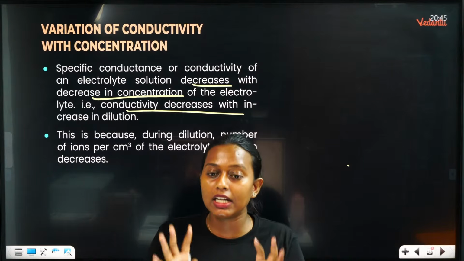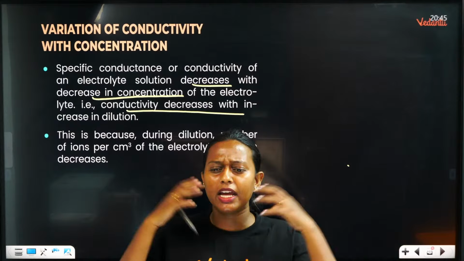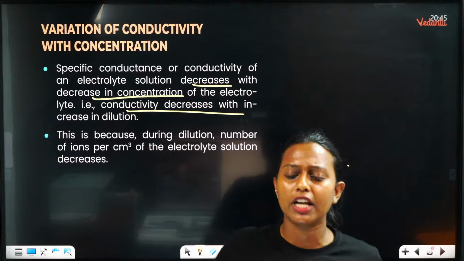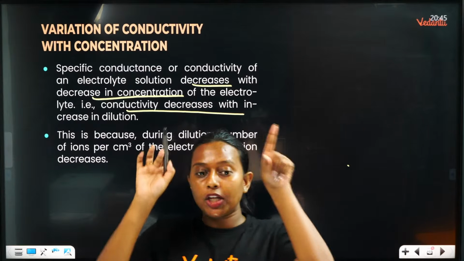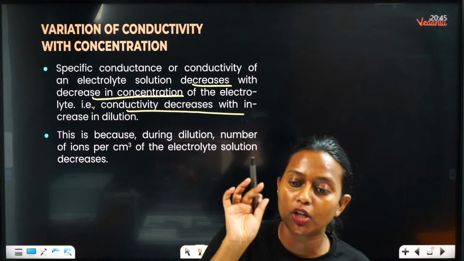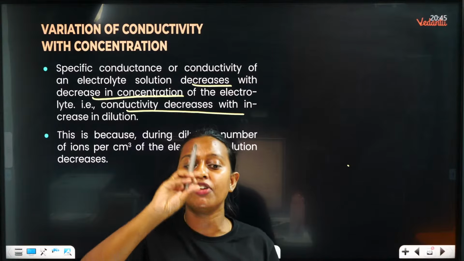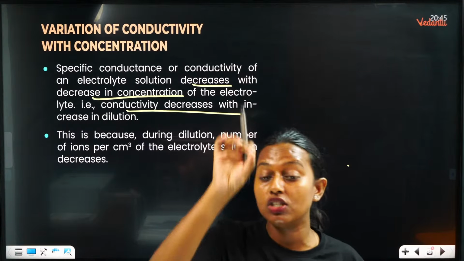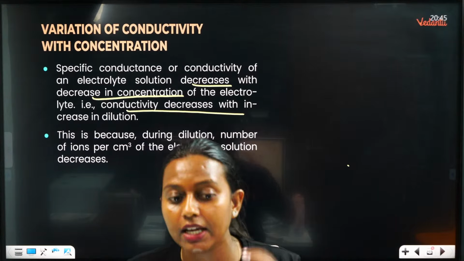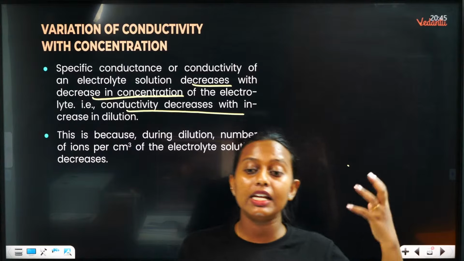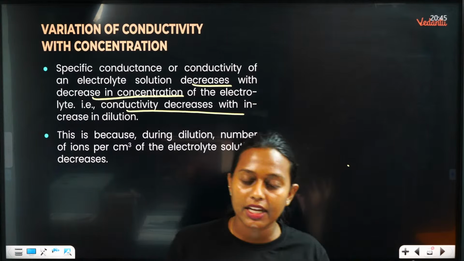Point clear? I am diluting again and again. As I dilute the solution, the number of ions in a particular volume decreases. These ions are carrying electricity.